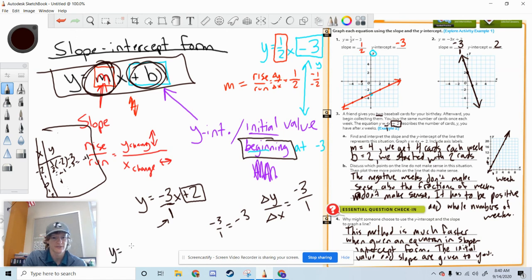So like if I say y equals, how about 3y equals 2x minus 4? I know this is a line, but in this case, I'd have to do some algebra, or I could just plug in and then, I don't know. There's definitely some examples where this method is your best option. But I think if they give it to you in slope-intercept form, like this one, then this is a really quick way to graph.